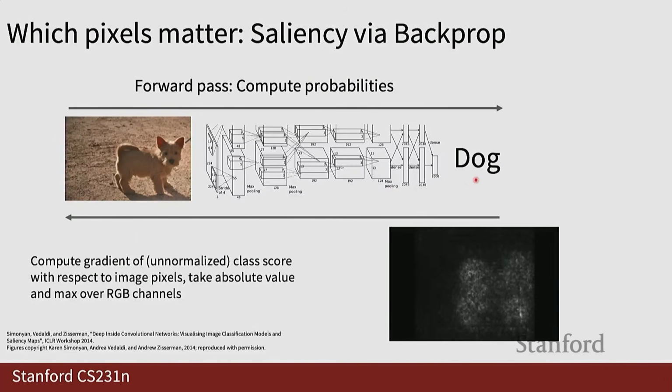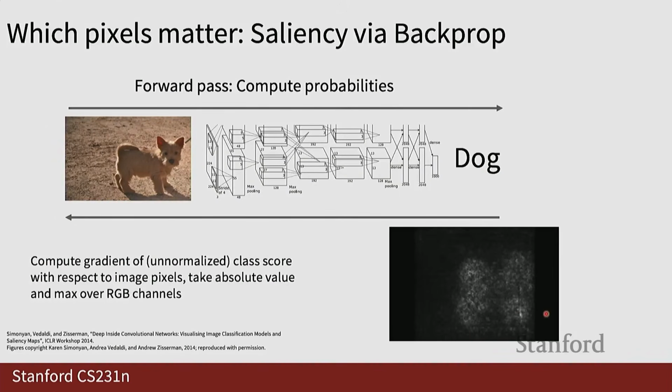So if I take the gradient of the score with respect to now the pixel values, not the network weights anymore, I can visualize those gradients. And visualizing those means that these are the pixels that matter in order to classify dog on this image.